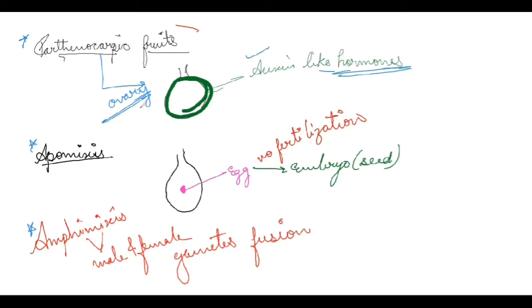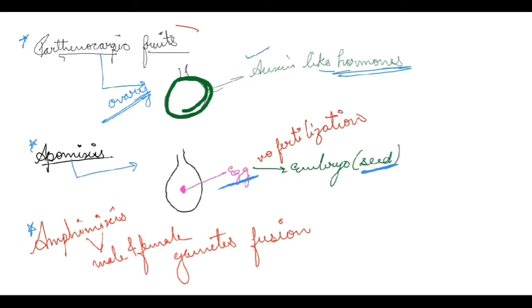There is no role of the egg in forming the fruit. But in case of apomixis, the egg forms the seed, and when this seed is formed, it gets covered by the fruit. So the ovary converts into the fruit. The egg cell forms the embryo, or the seed is formed in the ovary. So this is all about the terms you need to know.